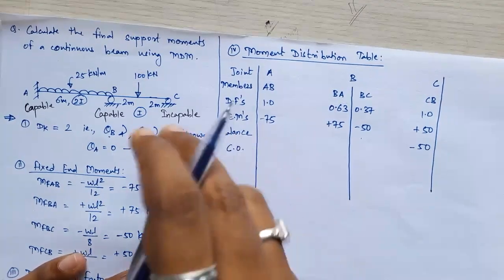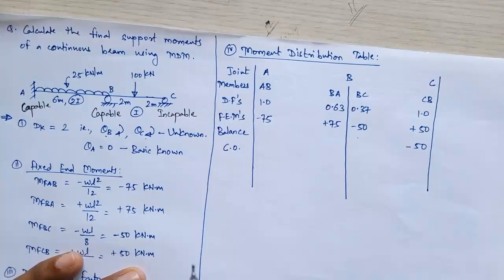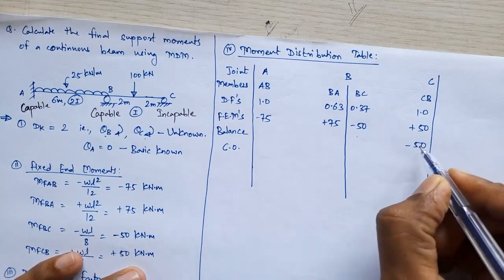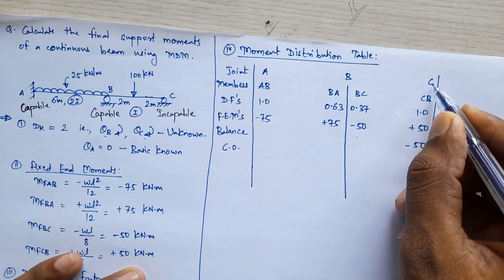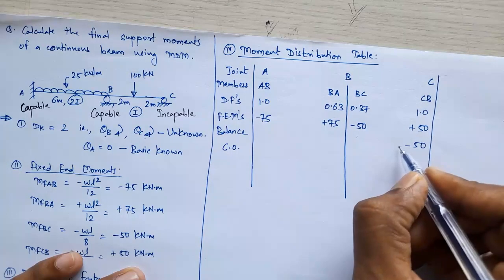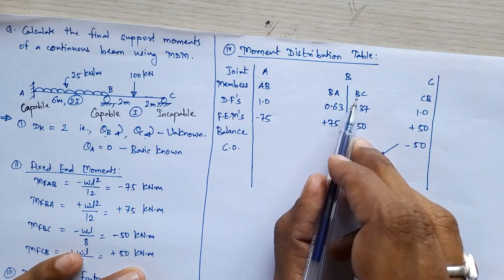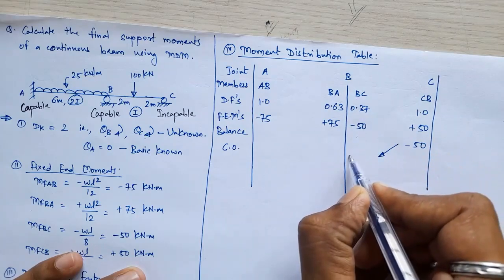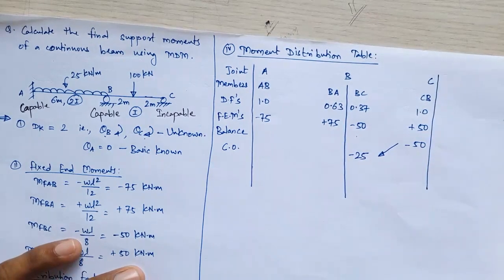You can write CO, or you can write the complete name. The carryover factor is equal to 1/2. That means whatever moment you are considering for joint C in member CB, half of the moment will get carried over to BC. So that comes equal to negative 25.